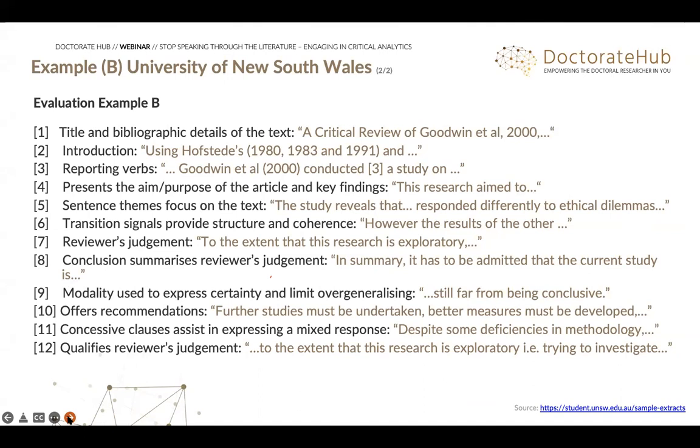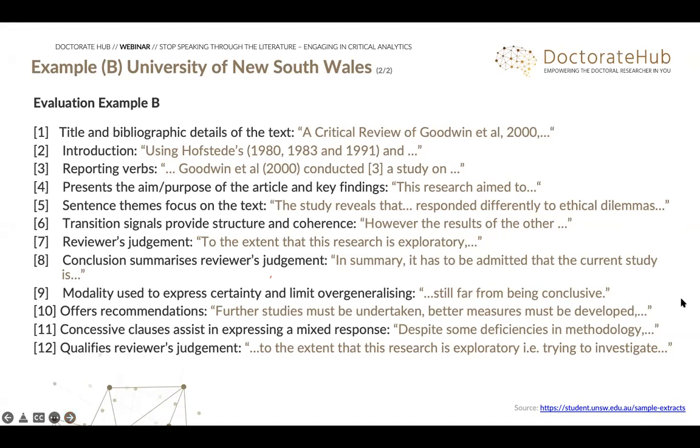There are transition signals that provide structure and coherence, like "however, the results of the other", so a comparative view. There's a reviewer's careful judgment to the extent that this research is exploratory, and the conclusion summarizes the reviewer's judgment. "In summary, it has to be admitted that the current study is..." shows carefulness, with modality used to express certainty and limit overgeneralizing, "still far from being conclusive".